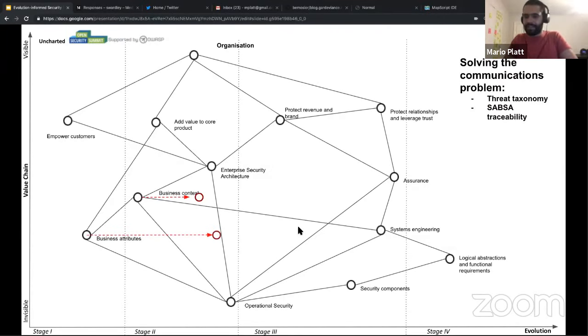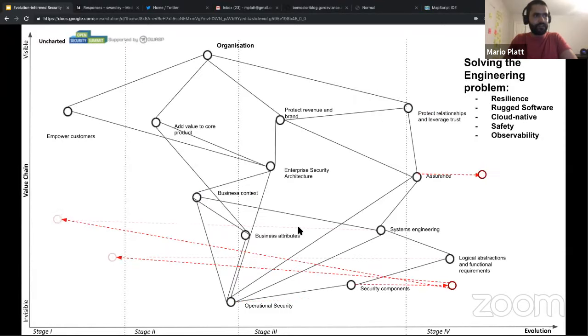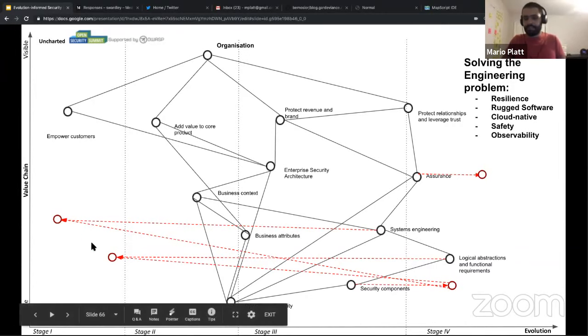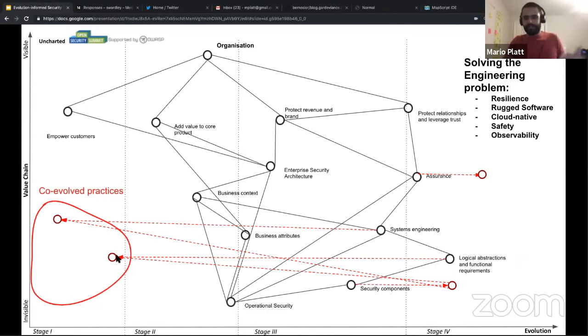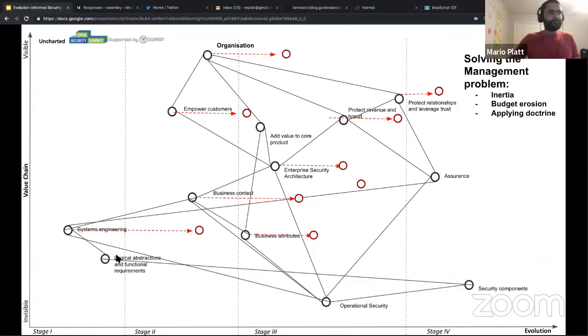We started like this, the current security industry. I think if we solve some of our communication problems, we'll be evolving some of our practices. If we address some of our engineering problems, there's going to be co-evolution of some practices, so we're going to start from scratch. But hopefully we can then start giving them the steps forward to make those more mature very quickly.